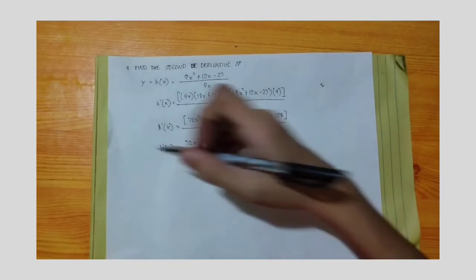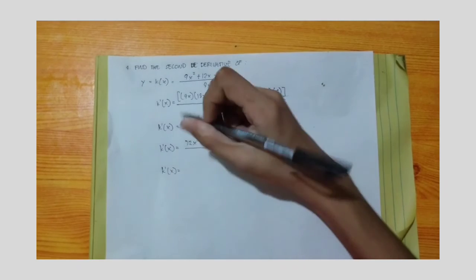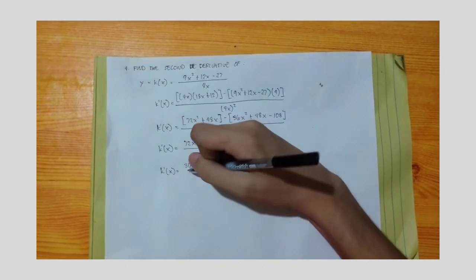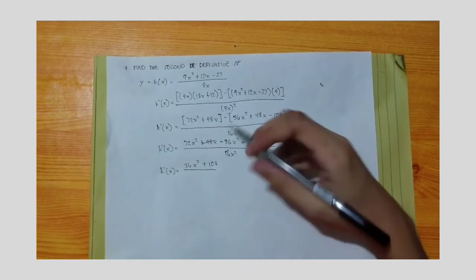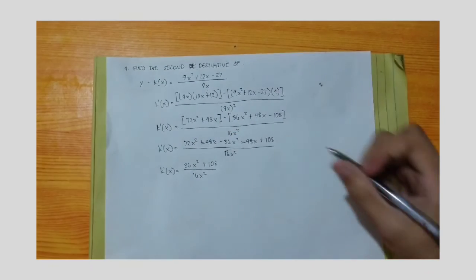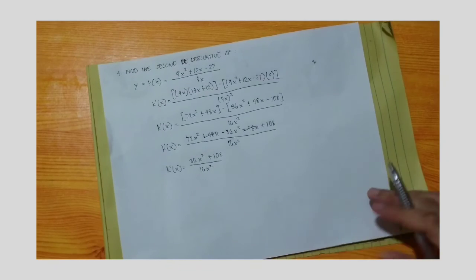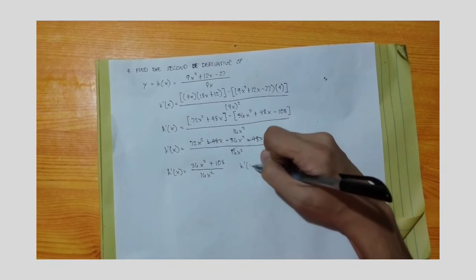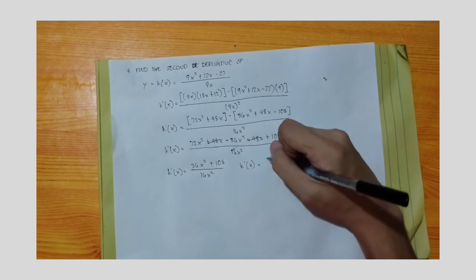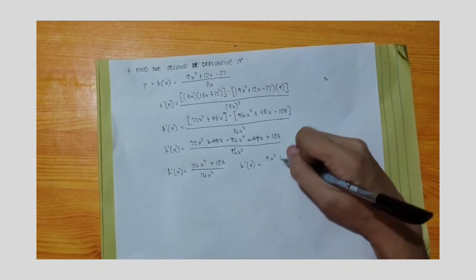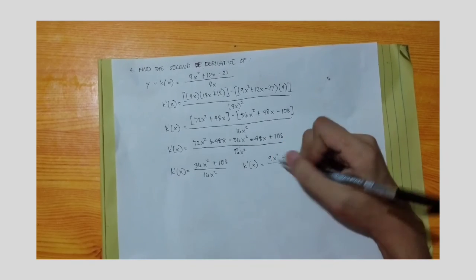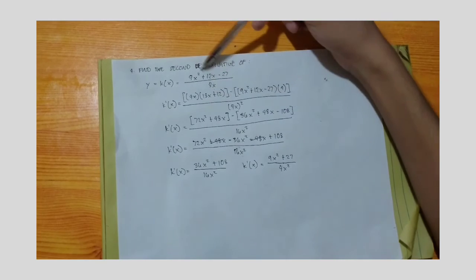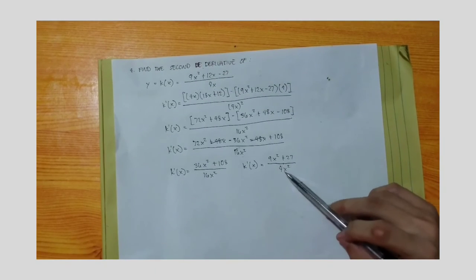Then simplify this. So therefore, we will have k prime of x is equal to 9x squared plus 27 all over 4x squared. Therefore, the first derivative of this function is just equal to 9x squared plus 27 all over 4x squared.